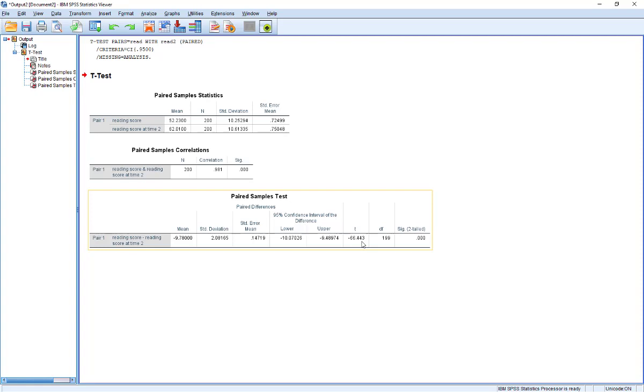So again, with an alpha of 0.05, our cutoff value should have been 1.96. We've far exceeded that 1.96, negative 1.96 criteria for our critical value. We're going to reject the null hypothesis. Clearly, the scores are statistically significantly greater at time 2 than they were at time 1.